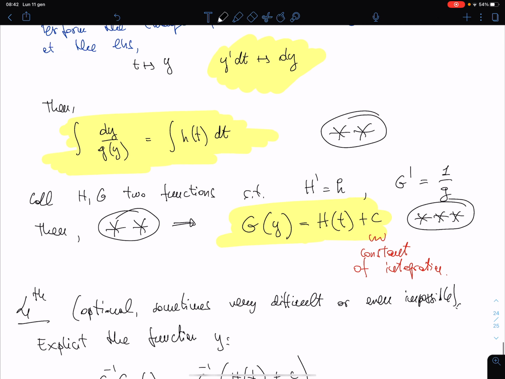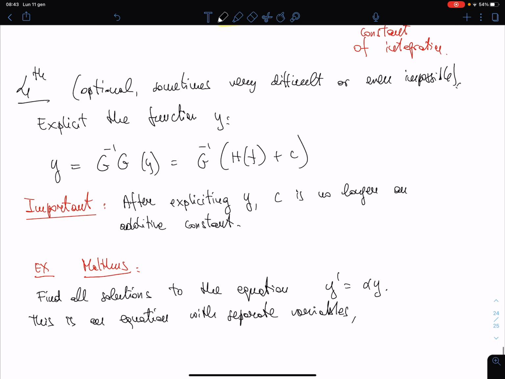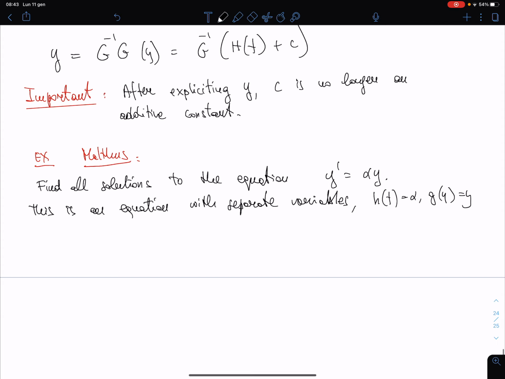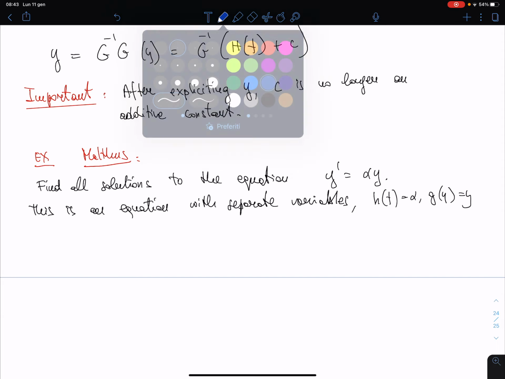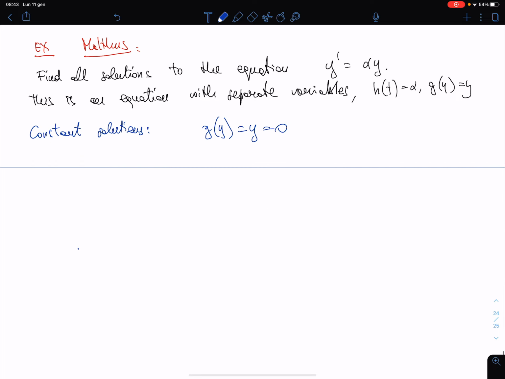Here we have g of t, h of t is equal to alpha, and g of y is equal to y. So first, constant solutions: g of y equal to y is equal to 0, and here is the schema.